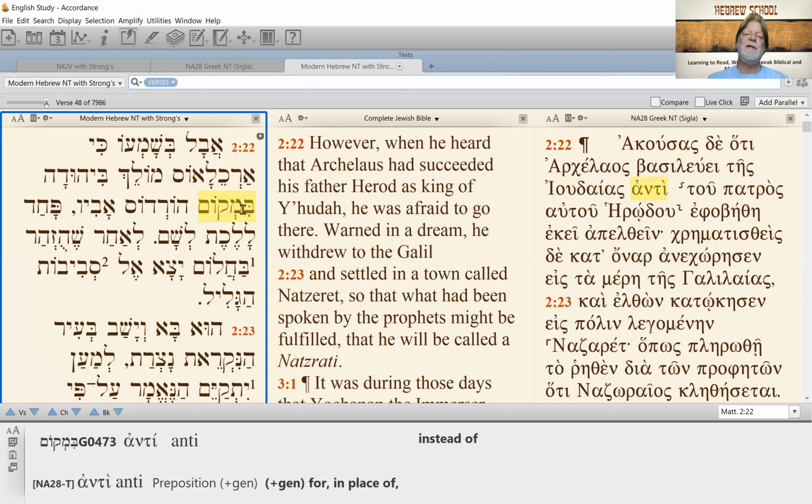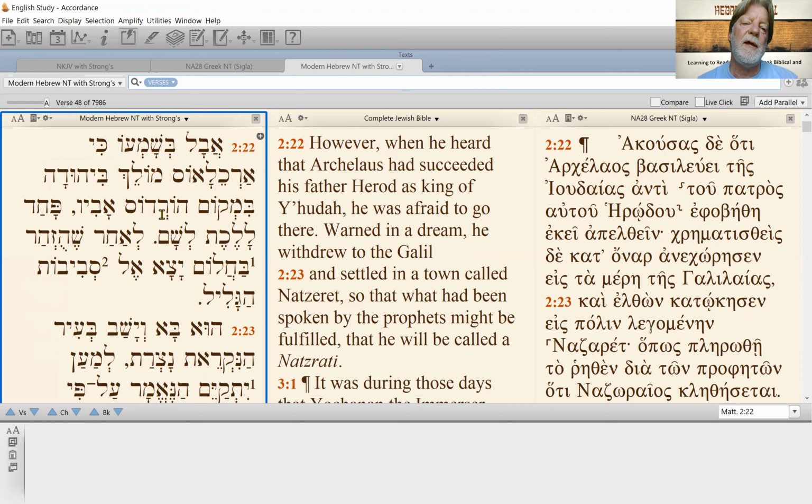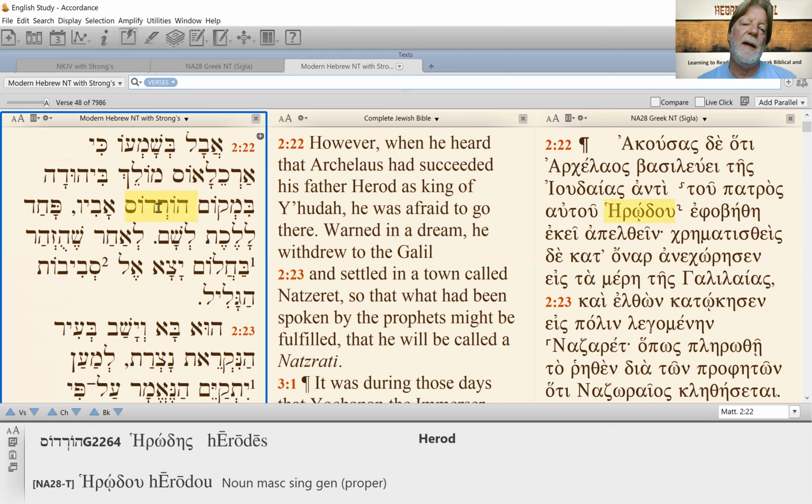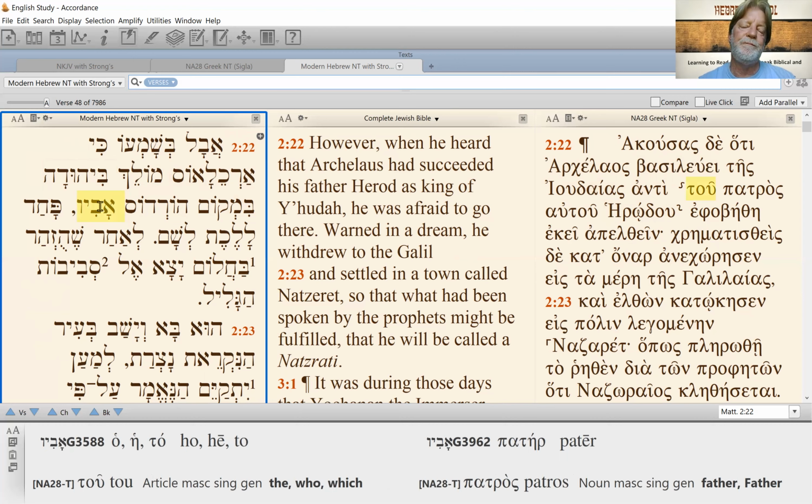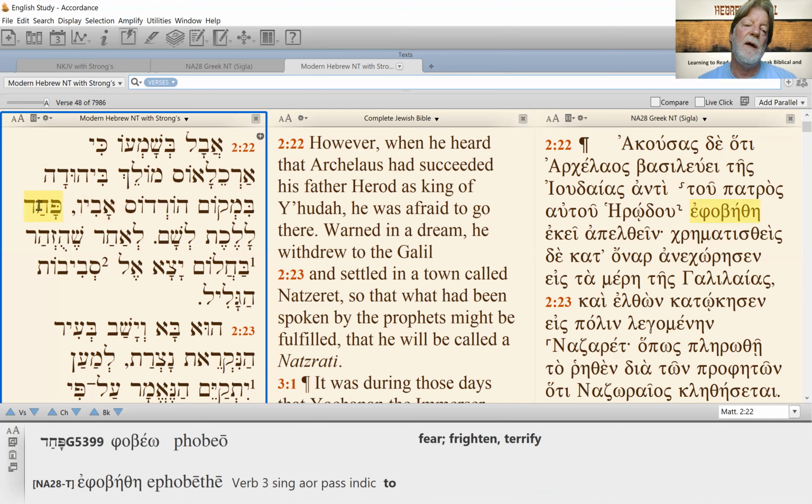B'makom, in the place of, means he had replaced Holodos, Herod Aviv. I think Archelaus was probably Herod Archelaus or something like that. But he was the son of Herod and he ruled in his father's place.